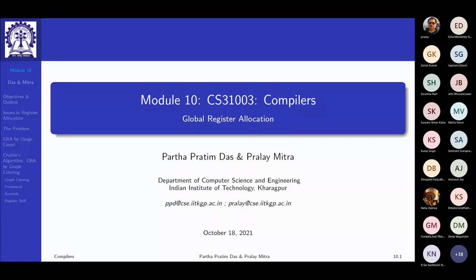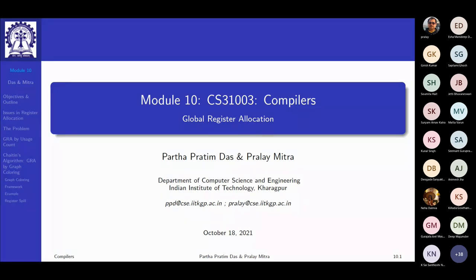Now, for generating the target code, the first thing that we need to decide is the use of registers. Because as you will be aware, in most of the processors, the computations that are done in the ALU will always be done in terms of the registers.